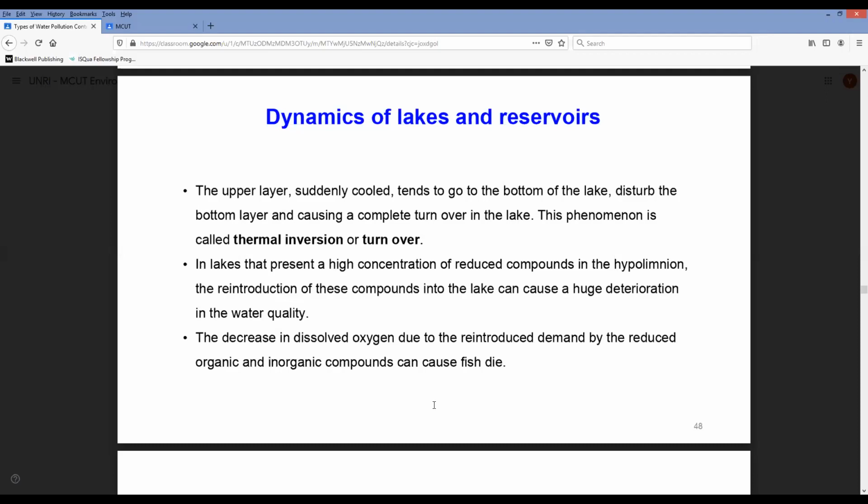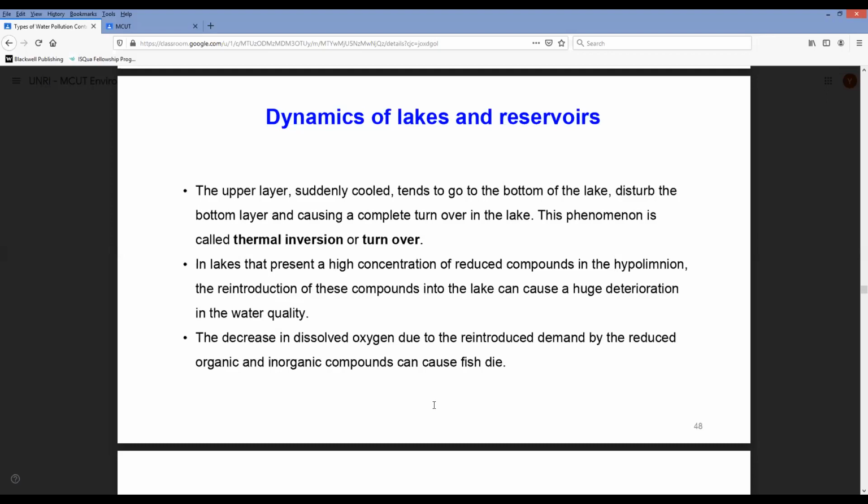So this is called thermal inversion or turnover. This is due to the changes of the temperature, and because of the change of the temperature, the density of the water changes. So when the density of water changes, the water becomes kind of circular, mixing.